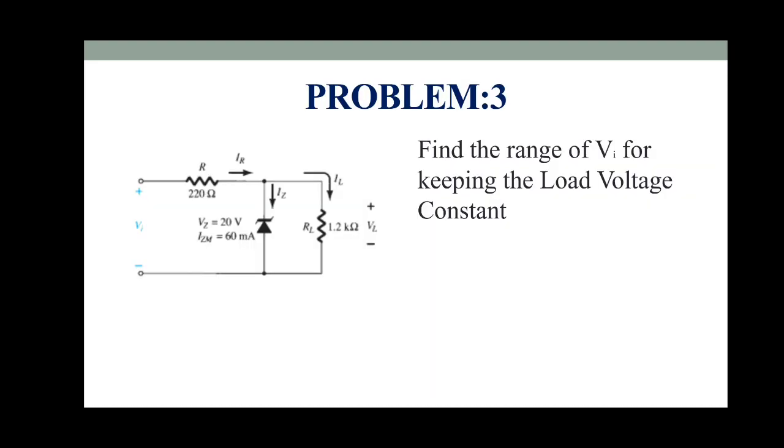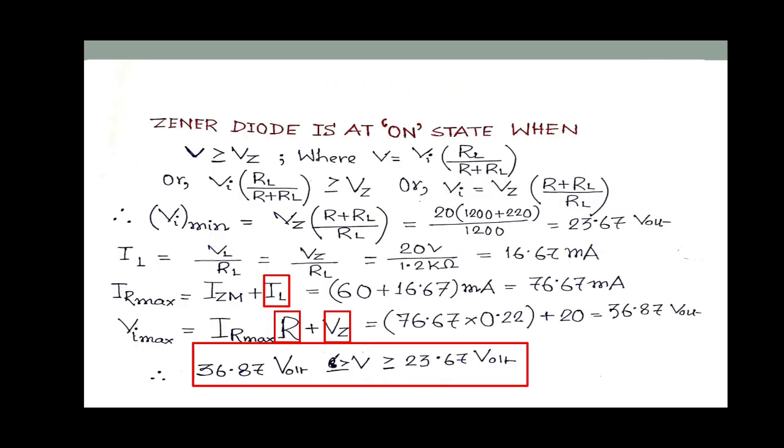Next, problem number 3. Here RL is constant but Vi is variable, and we have to find the range of Vi for keeping the load voltage constant, that is at Vz. Now we should proceed in a similar manner. The Zener diode is in the on state when V is greater than or equal to Vz, where V equals V input into RL by R plus RL.